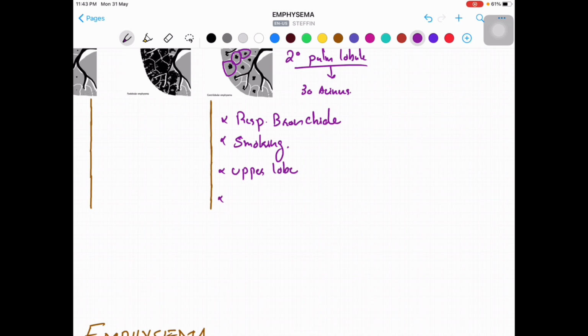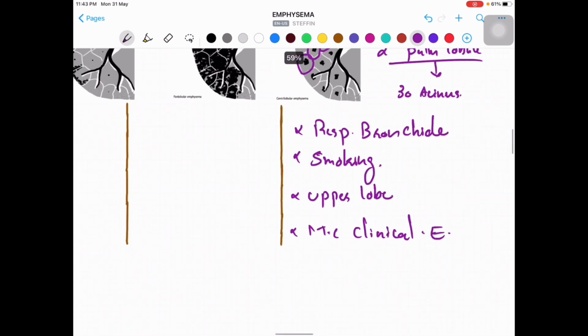Among these 4 types of emphysema, the clinically most important and most common type is centrilobular emphysema. So let's move on to panlobular emphysema.